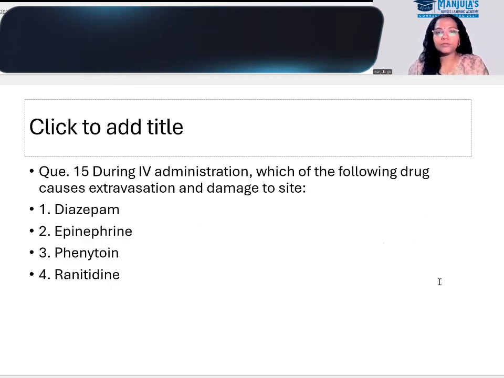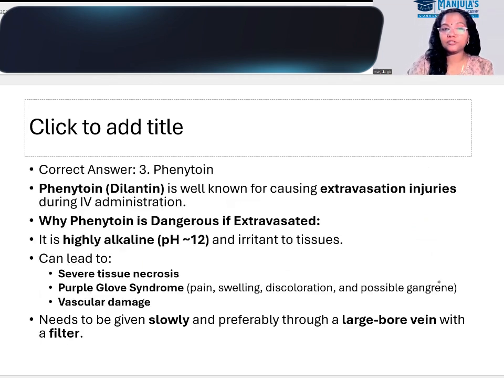Next is, during IV administration, which of the following drugs causes extravasation and damage to the site? Diazepam, epinephrine, phenytoin, ranitidine. So the answer is phenytoin. Phenytoin is highly alkaline. Its pH is approximately 12.